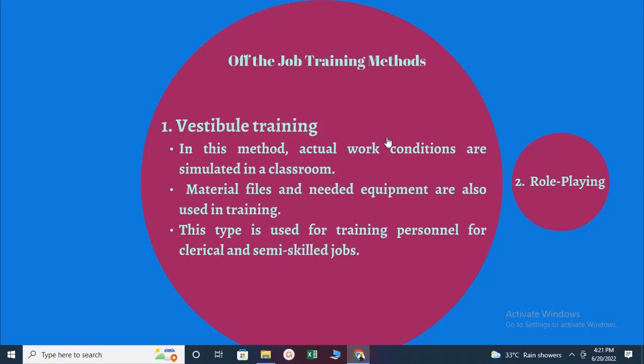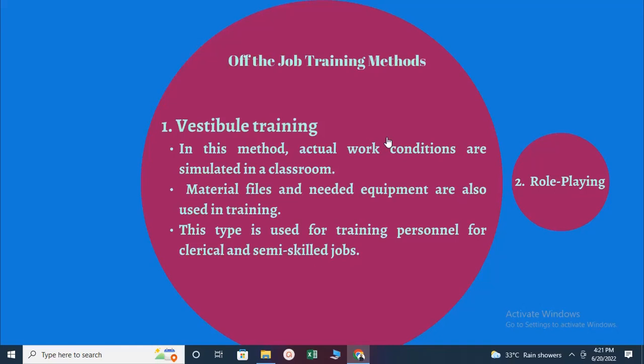For example, how a computer works, how a typewriting machine works, what keys they need to use to take a printout or a delete option. Like this, manually, the entire physical training will take place with the materials.